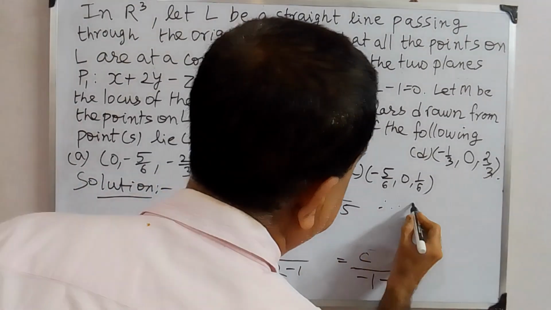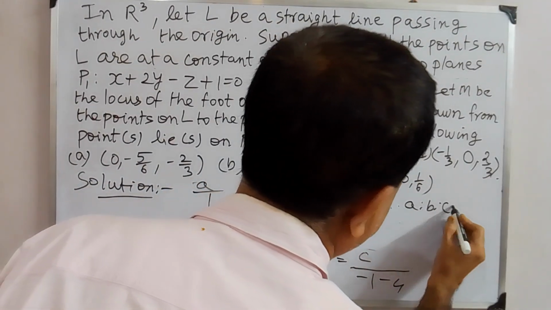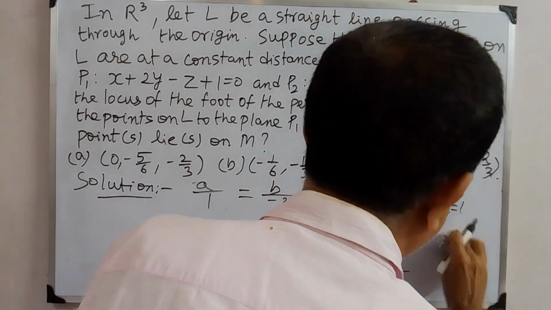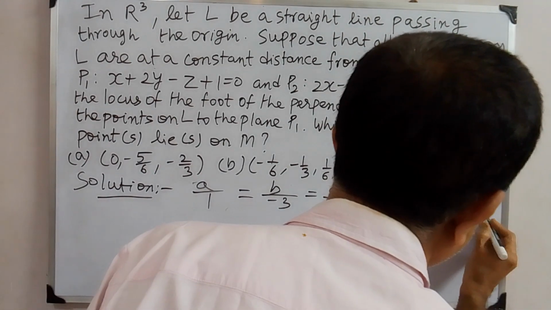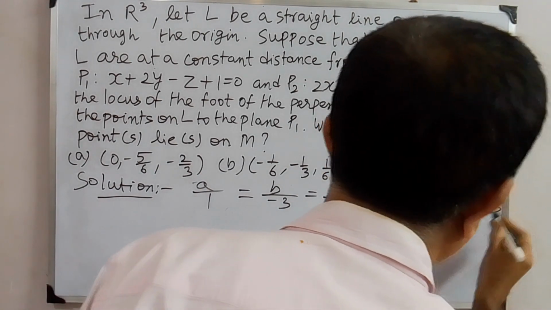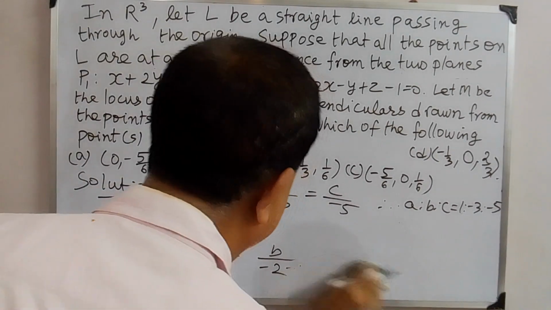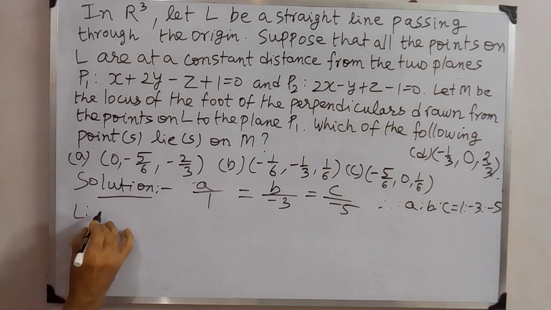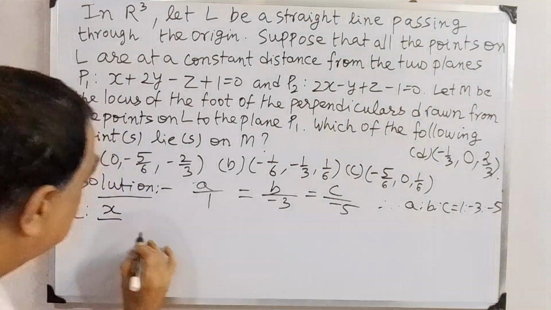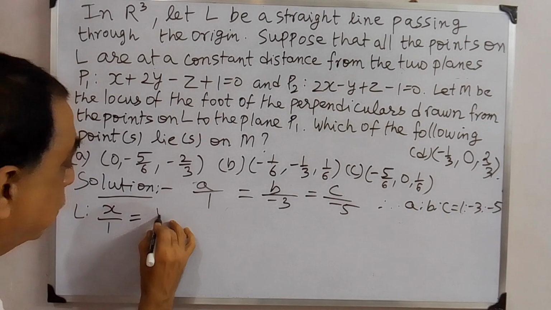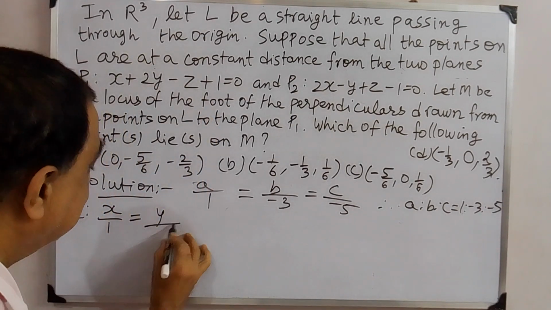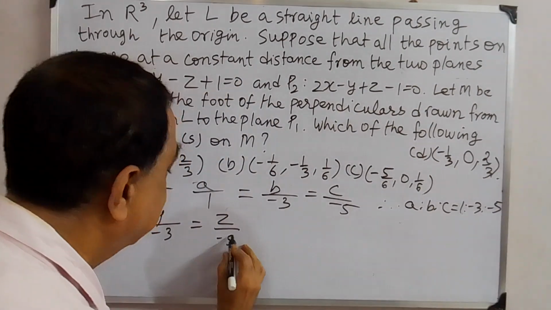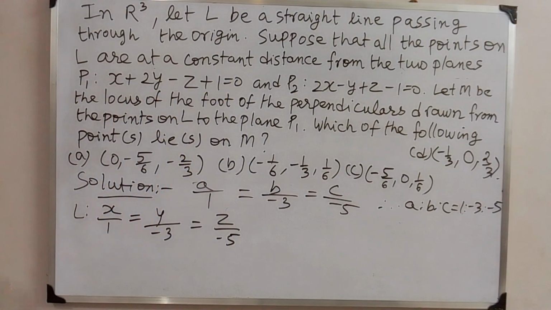Therefore A is to B is to C becomes 1 is to minus 3 is to minus 5. So what will then be the equation of L? The equation of L will be x by 1 is equal to y by minus 3 is equal to z by minus 5. So this is the equation of L.